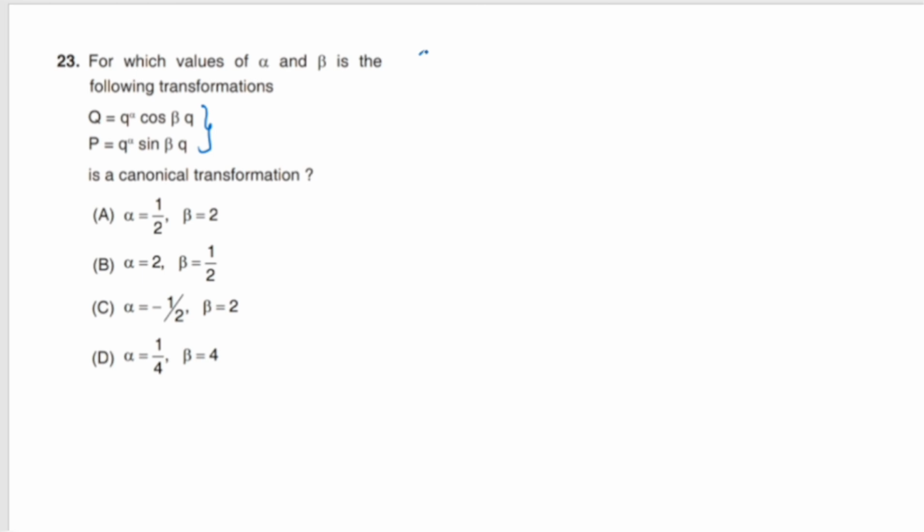Okay. So we have the equation: dou Q divided by dou q and dou P, that is capital P, the new coordinate, divided by the old coordinates, that is small p, minus dou Q divided by dou p and dou P divided by dou q, which is nothing but 1. Whatever we get, we need to equate it to 1.